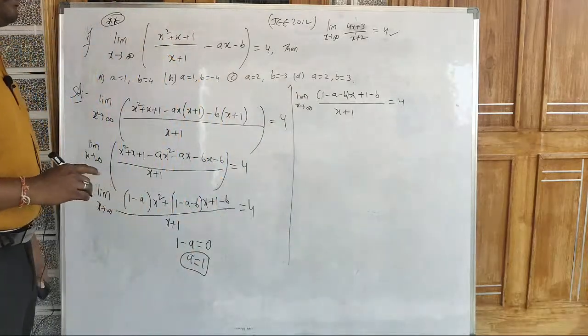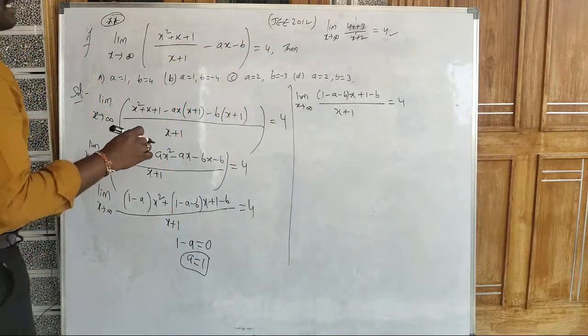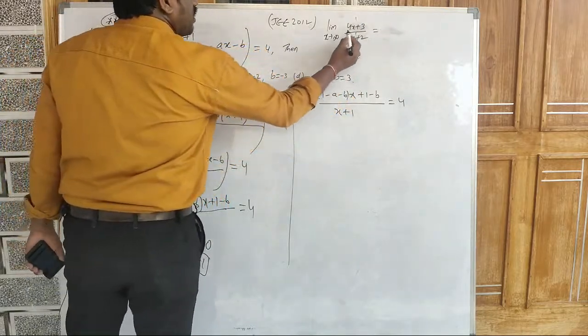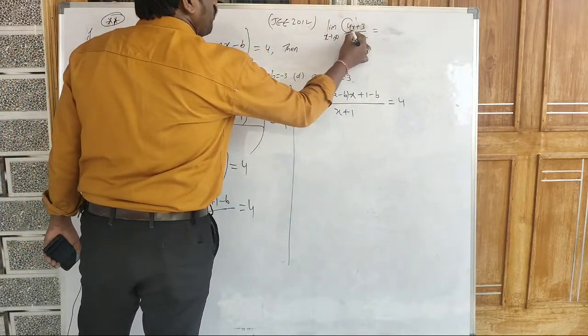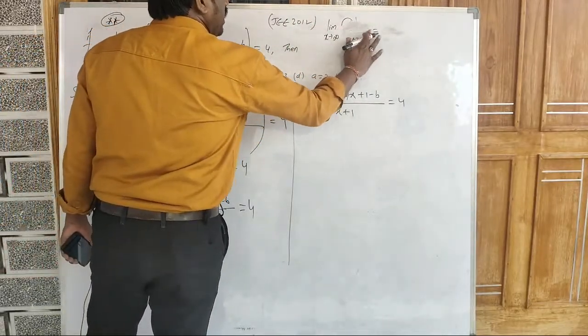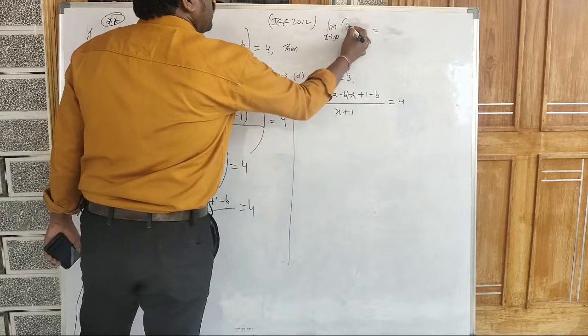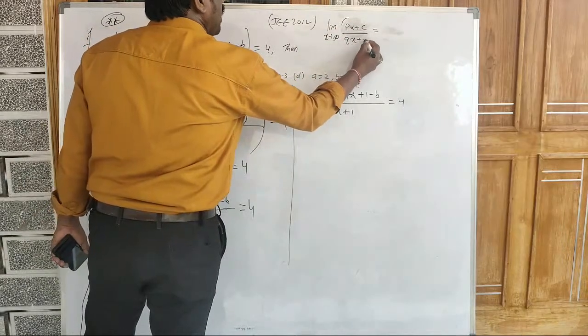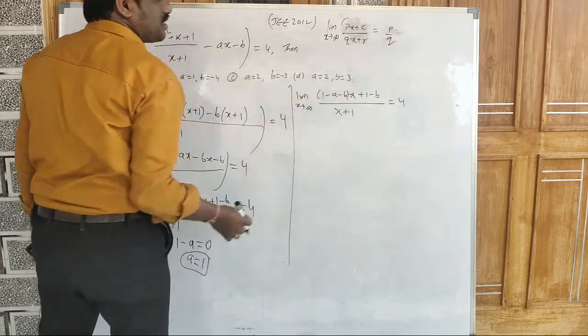So you know that the answer for the limit extending to infinity is finite. Then the answer must be the ratio of the coefficient of x and coefficient of x. What I want to say here: if you have px plus c upon qx plus r, then p by q is the answer.